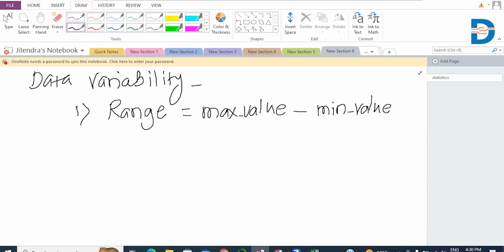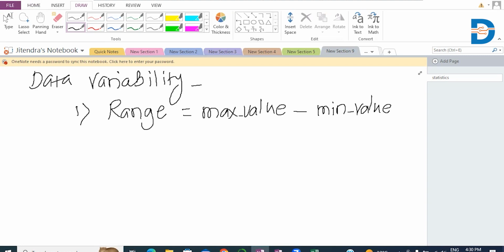The problem here is, when we calculate the range, we just focus on two data points of our whole data. These two data points are the minimum value and maximum value.